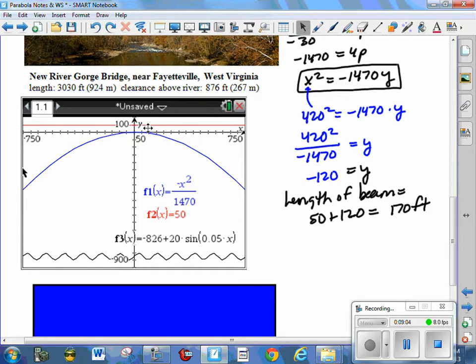I was thinking that the top of the bridge was 876 above the water, but probably should have made the bottom of the bridge. Anyway, at any rate, I remember our sinusoidal functions. This would be the sinusoidal axis. I made that at negative 826, and then I had an amplitude of 20, so it would go up and down like this, and I adjusted the period so that the little waves, this is my river down here. I made the river. Isn't that cool?